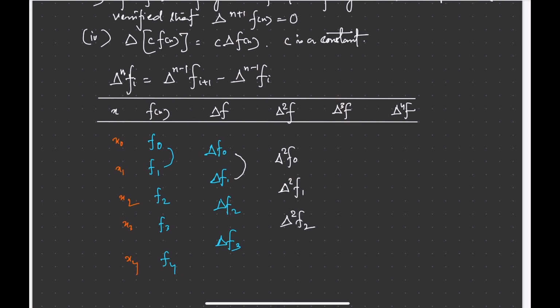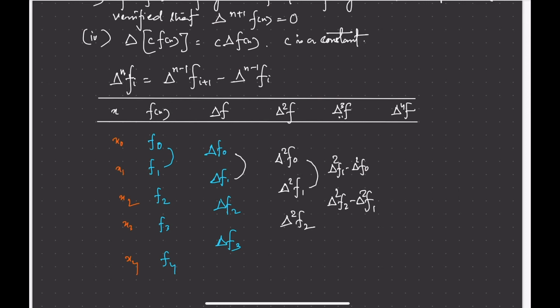Now how are you going to operate for this one? Now you have to subtract from here to here. So after subtracting, it becomes del square f1 minus del square f0, here del square f2 minus del square f1.